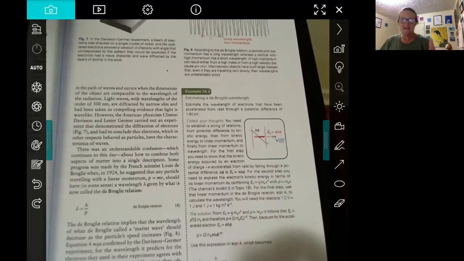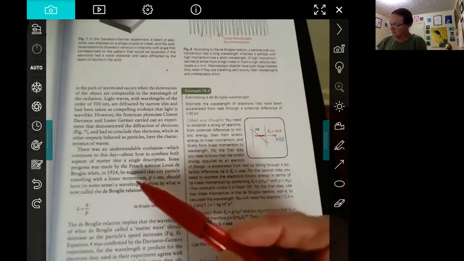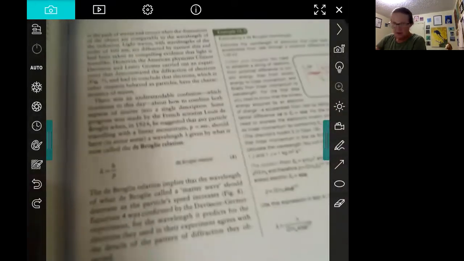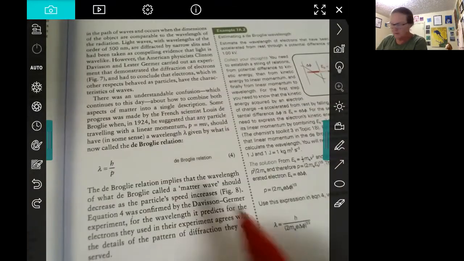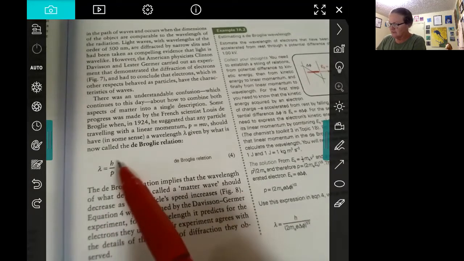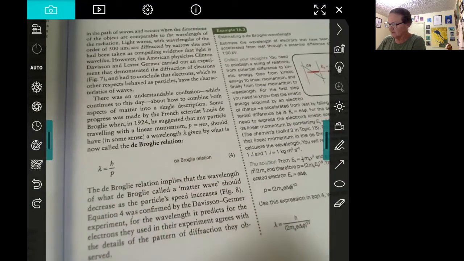And because it had just been concluded that waves, light, electromagnetic radiation, could act like particles, it was a logical conclusion. So in 1924, de Broglie came up with an equation that you will have used before that says the wavelength of a matter particle is equal to Planck's constant divided by momentum.